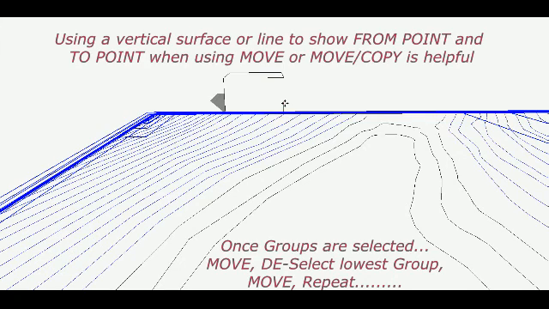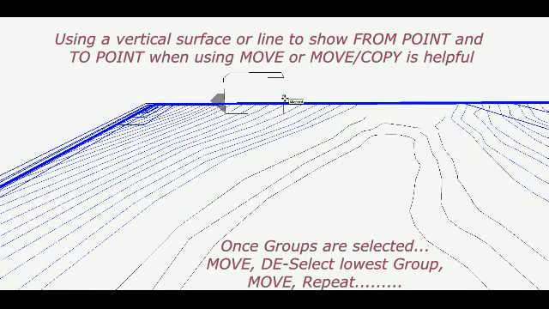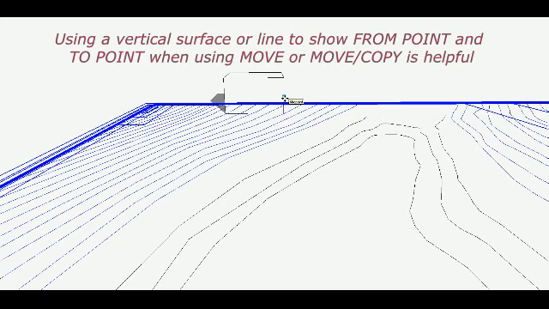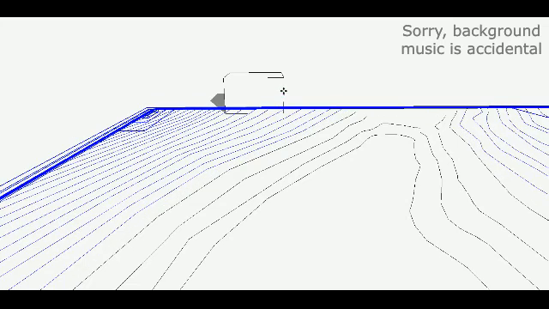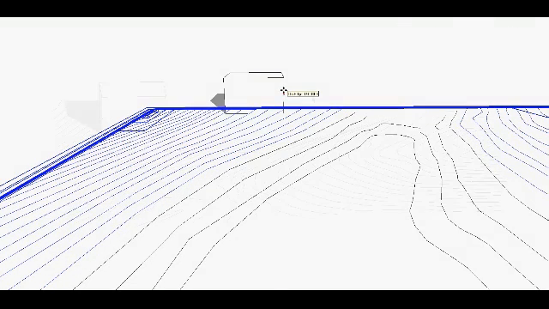I'm going to move the rest up 0.5 of a meter. I'm going to keep doing that until I've got them all moved to the heights that I need. 0.5 of a meter. What fun.